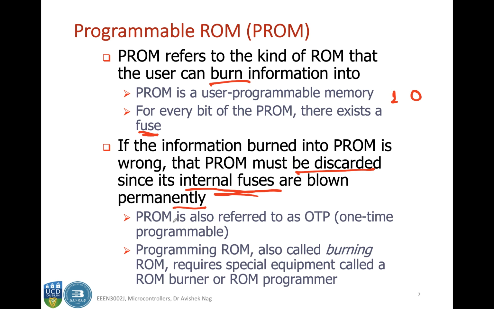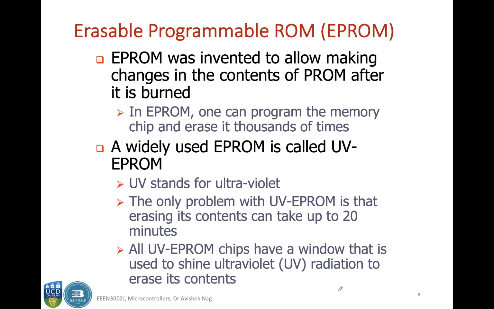That's why PROMs are also referred to as OTP, or one-time programmable. Programming the ROM, also called burning the ROM, requires some special equipment called a ROM burner or ROM programmer. That's the PROM for you.